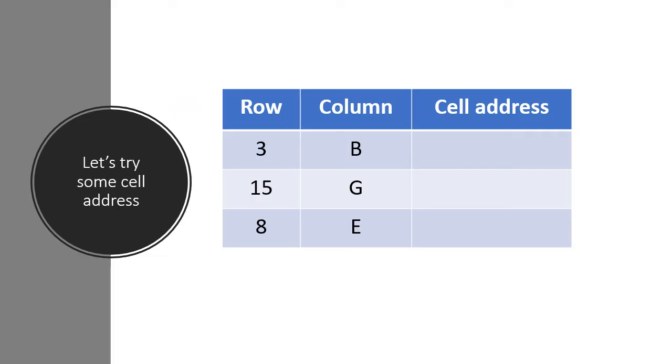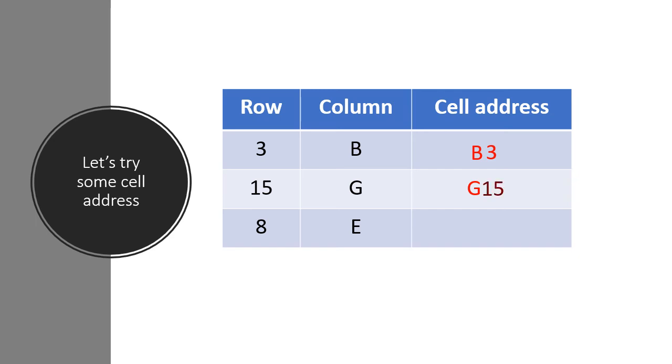See, here let's try some cell addresses so it will get more clear for you. Row 3 and column B make cell address B3. Now the cell made by row 15 and column G is G15.